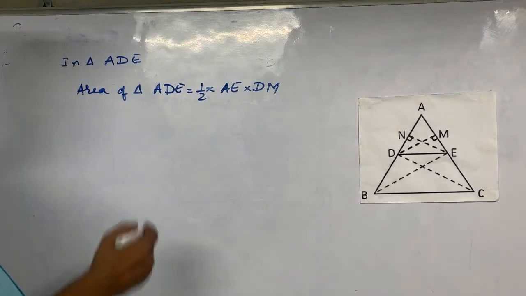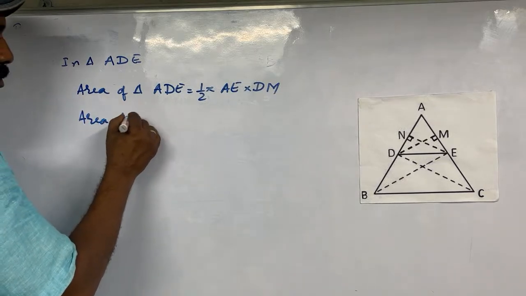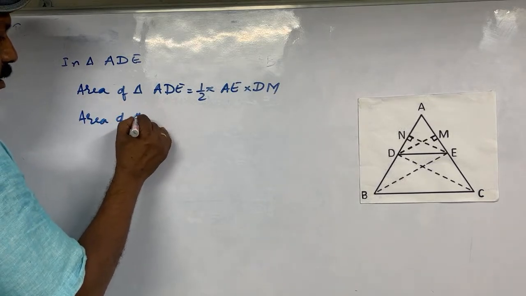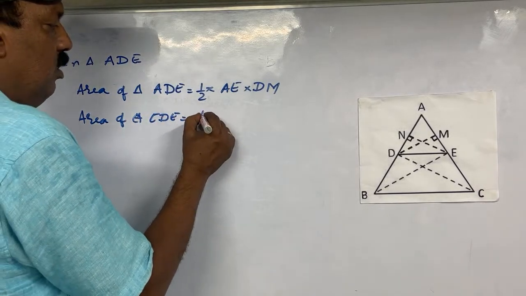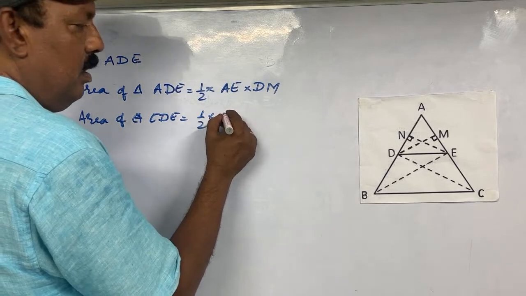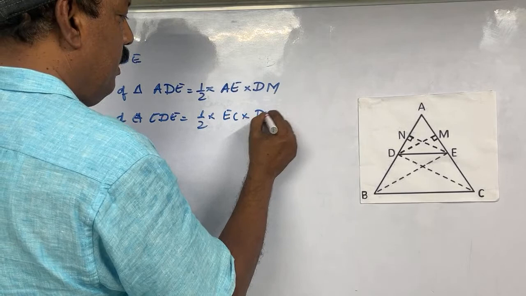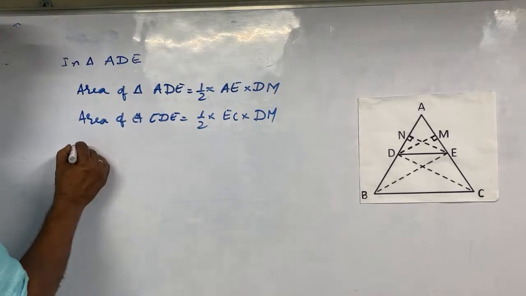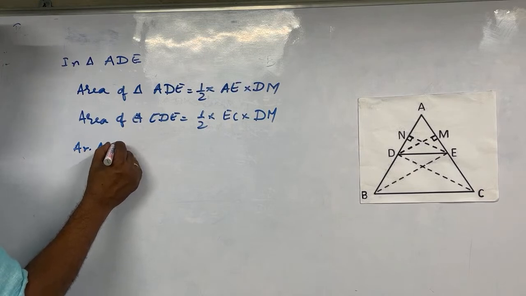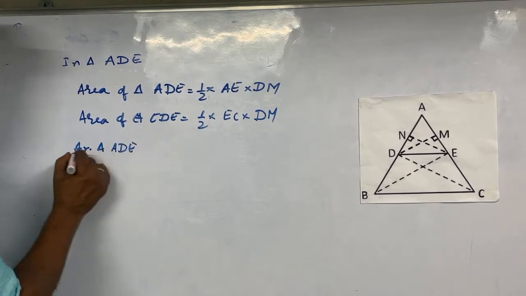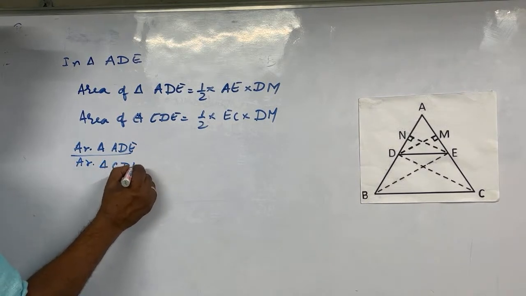So that is the reason the area of the triangle CDE is equal to half into EC into DM. So I am taking the ratio of the area of the triangle ADE and the area of the triangle CDE.